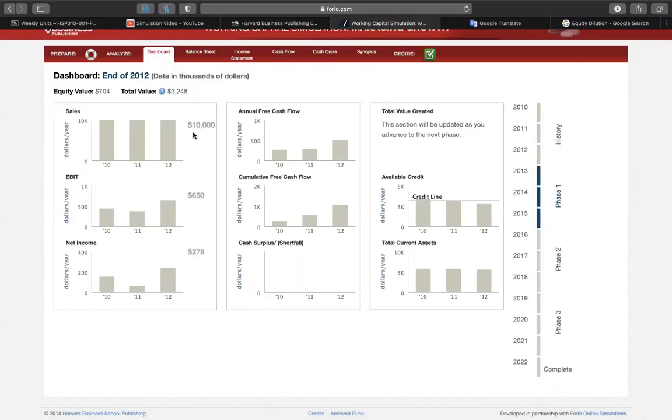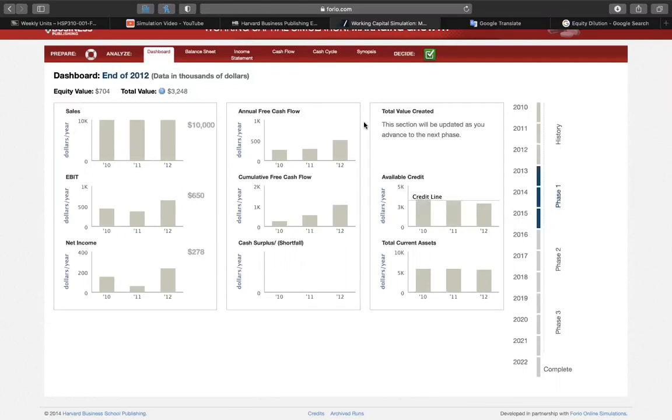So take a look here. This is the sales, the annual free cash flow, the annual cumulative free cash flow. This is the annual net income, the annual EBIT, the available credit, and the total current assets.